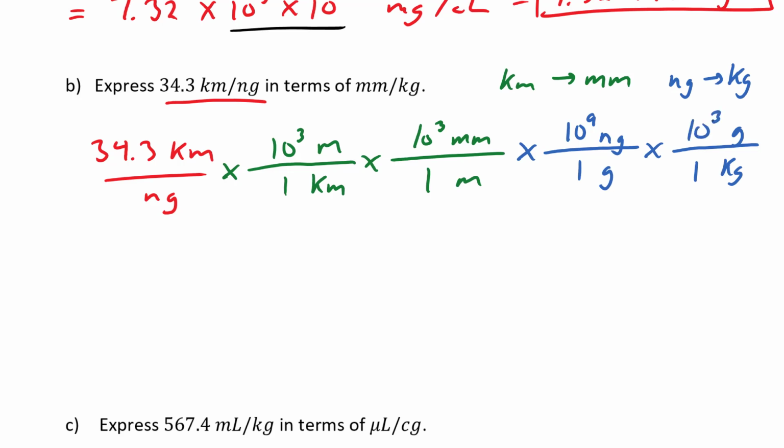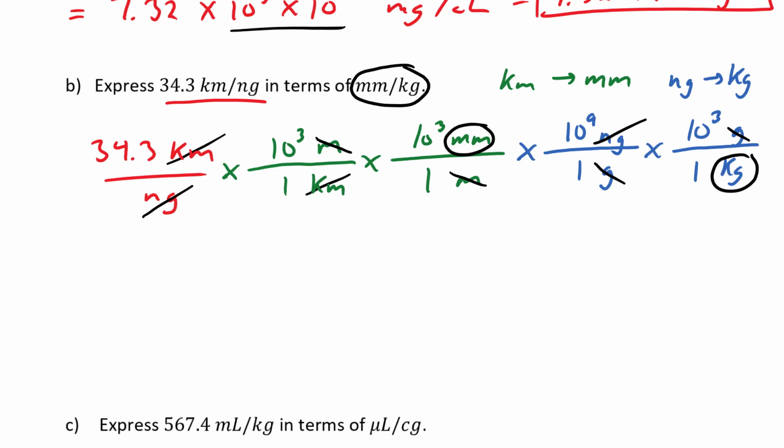Alternatively, you could have said that 1 kilogram is 10 to the 12 nanograms. Cancel out units now. Kilometers, kilometers. Meters, meters. Nanograms, nanograms. Grams, grams. Left with millimeters divided by kilograms.